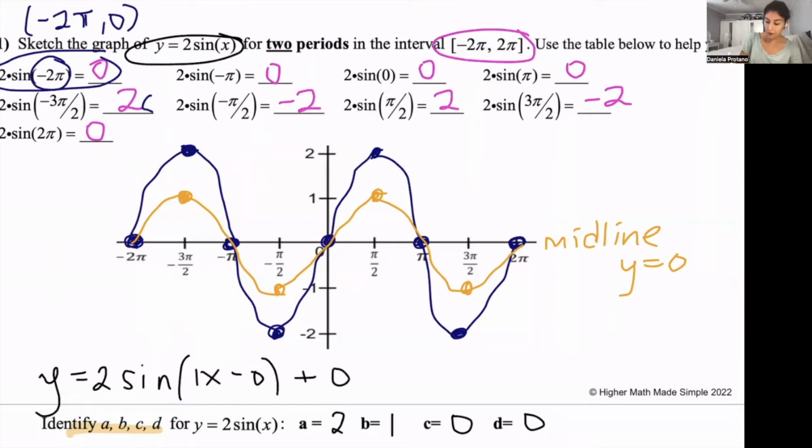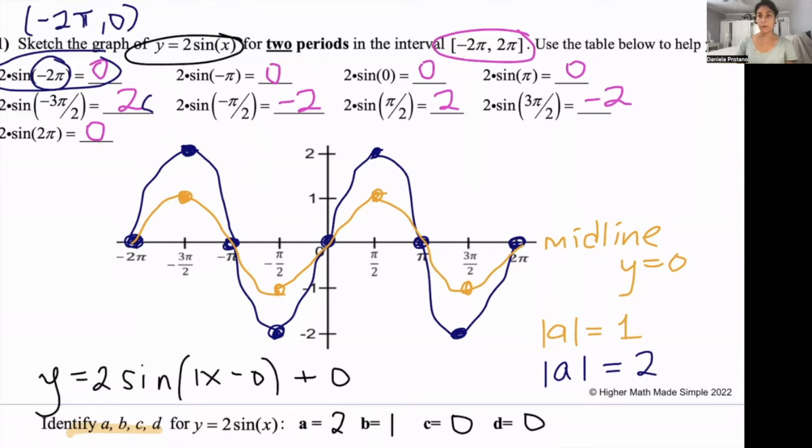So the amplitude of the orange function is 1, as opposed to the amplitude of the blue function, which is the transformed function, which is now going to be 2, right? That distance is going to be 2. So notice a couple of things. If the a value is a number other than 1, notice that the amplitude will match that same a value, right? So a was 2, so therefore the amplitude is 2.